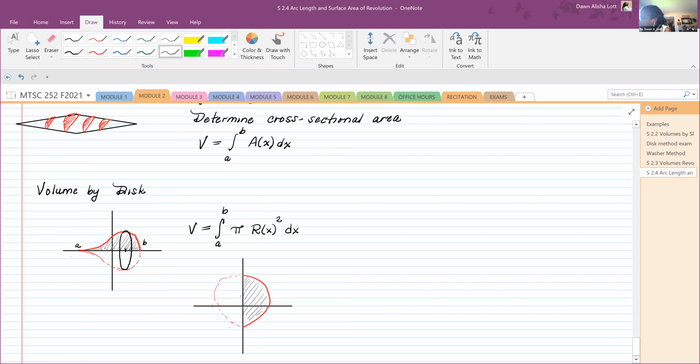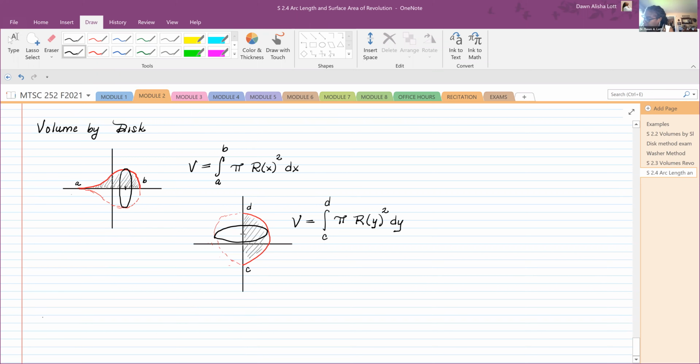I find a y value, draw my disk, and my volume is the integral from C to D of pi times whatever my radius of y is, dy.